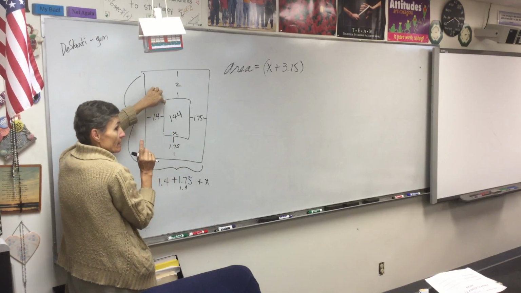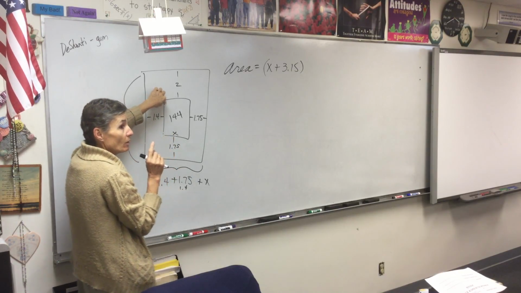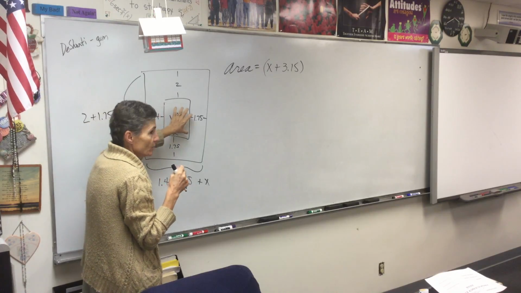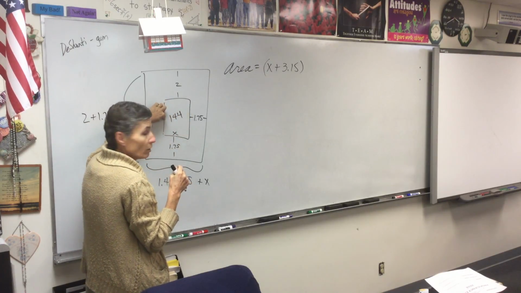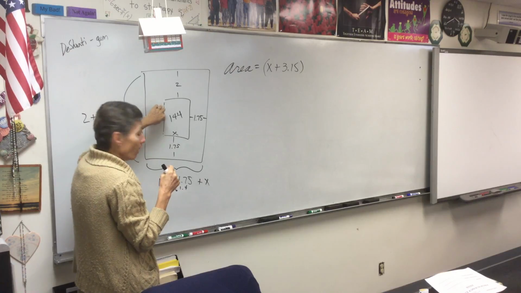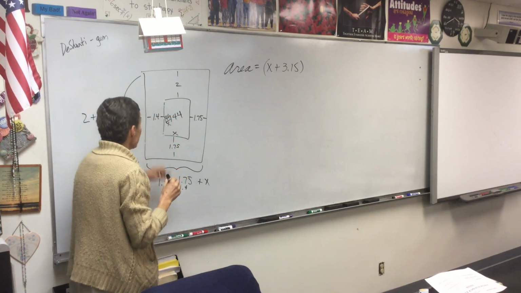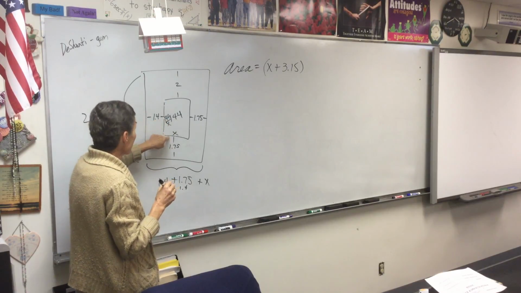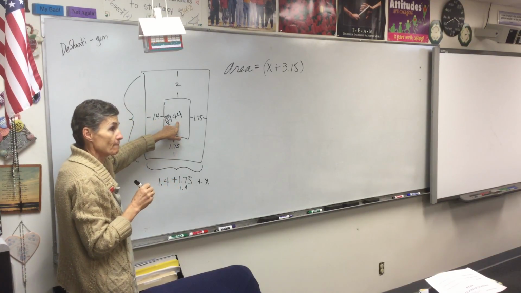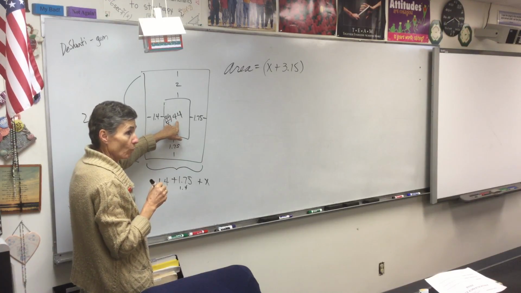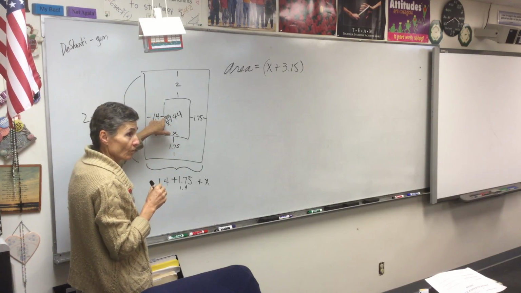No, it's not X because I don't know that it's a square. I know I said the word square, but I don't know that that's square. So I can't call it X. 144 over X? 144 over X, because these two times together have to give you 144. So what do you multiply by X to get 144? 144 over X.